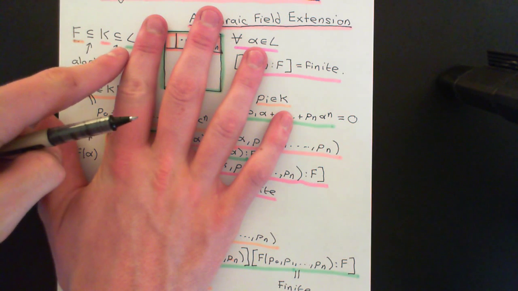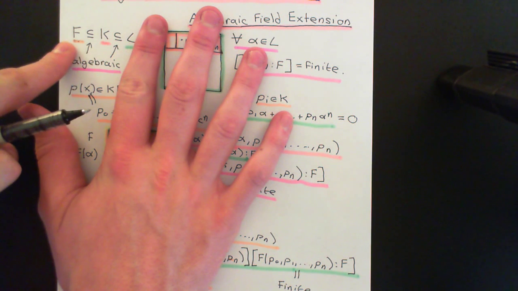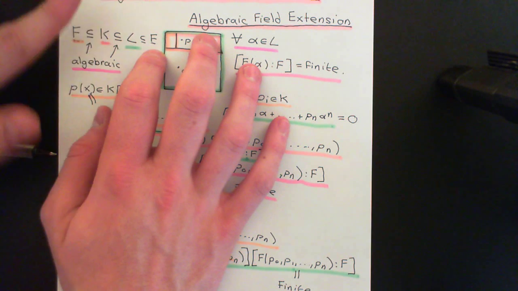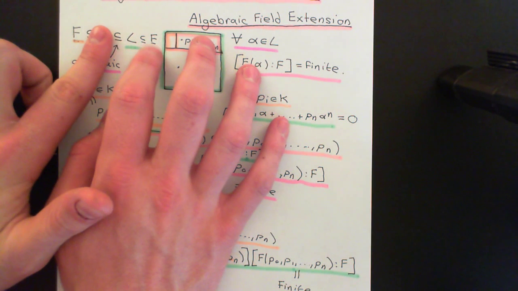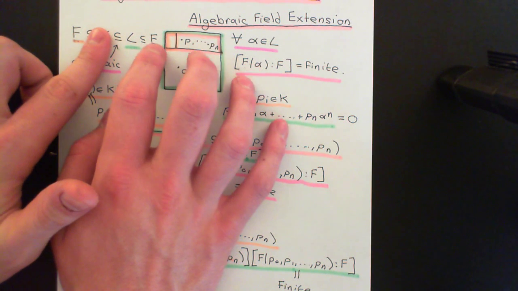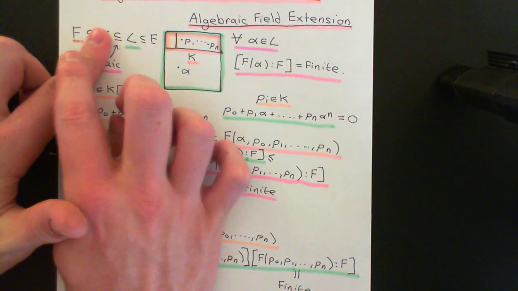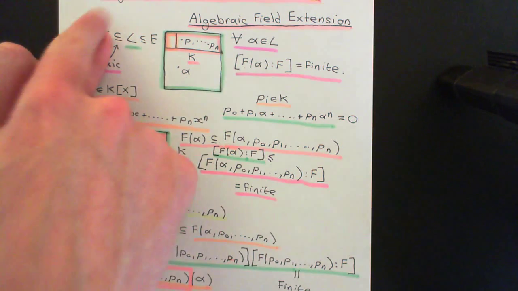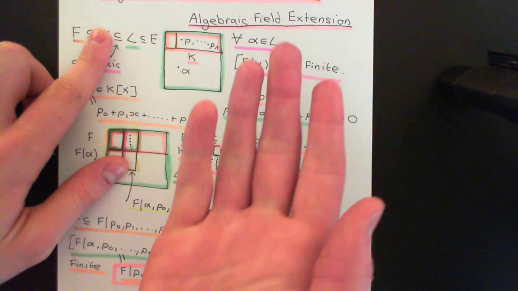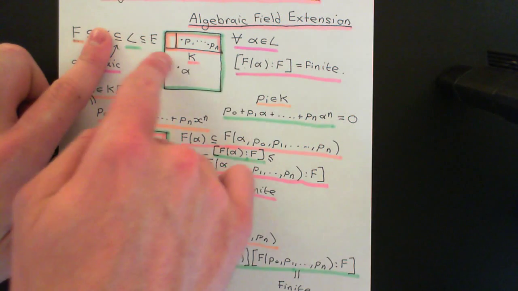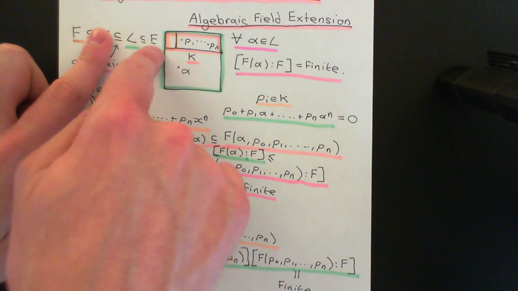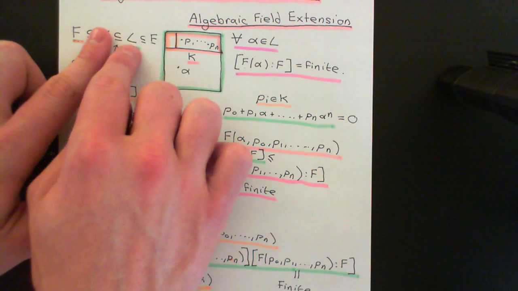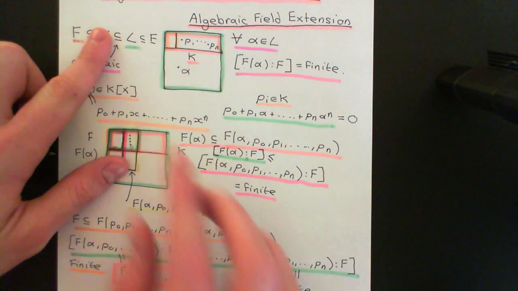From what we've just shown, you can conclude that L is algebraic over F, and now imagine getting rid of K, so keeping E this time, and now you know that L is algebraic over F, E is algebraic over L, and then apply the theorem again. Imagine K doesn't even exist anymore. You can now conclude that E is algebraic over F just using the exact theorem that we have used, where now L is the intermediate one, E is the biggest one, and F is the smallest one.